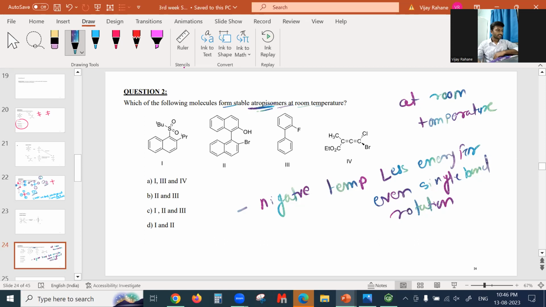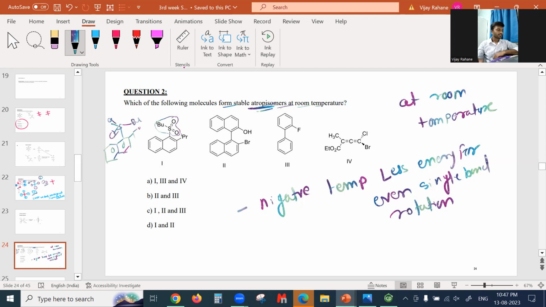So here we can see this bond, the sulfur which has the two oxygens, and this, it may be in this fashion, as well as in this fashion as well.